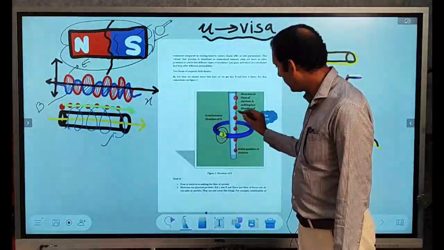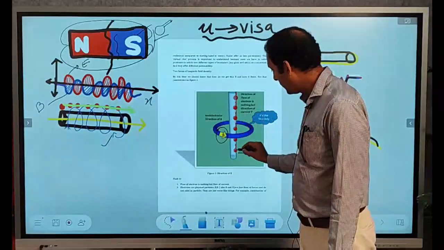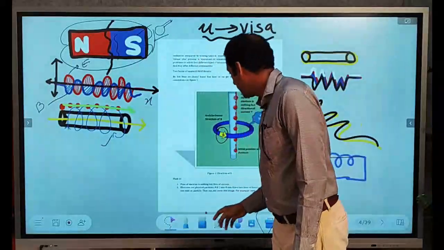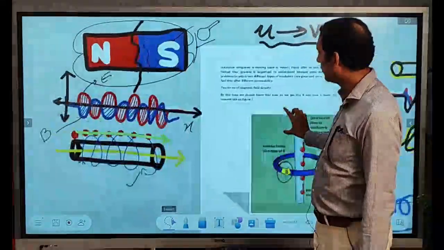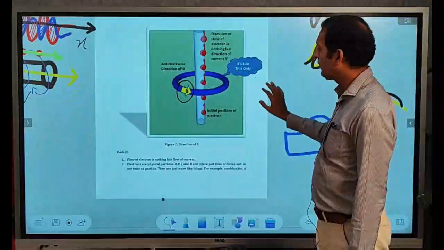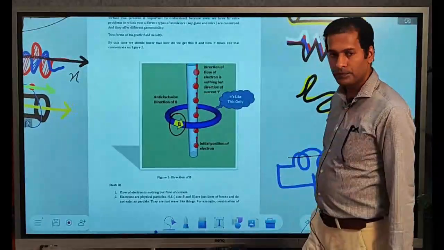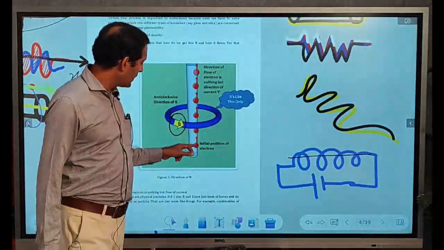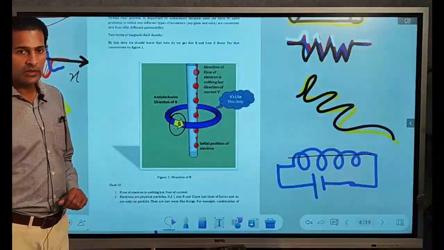Magnetic field particularly is created by the charges, the moving charges. So here we will consider one toy example. In this diagram we can see there is a conductor, and the red balls we are representing as the moving charges.